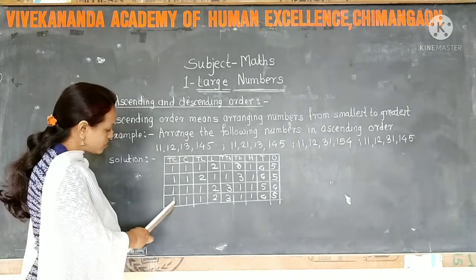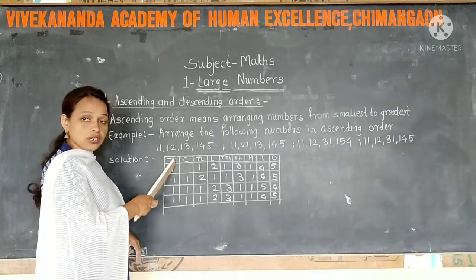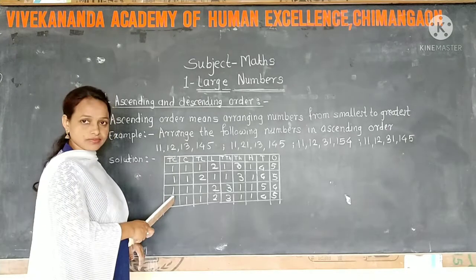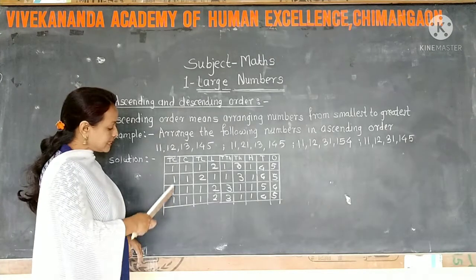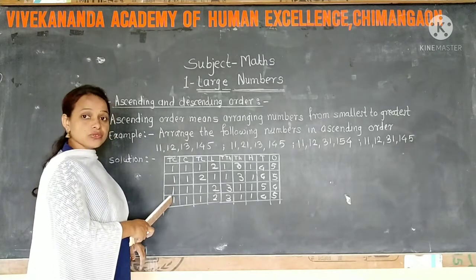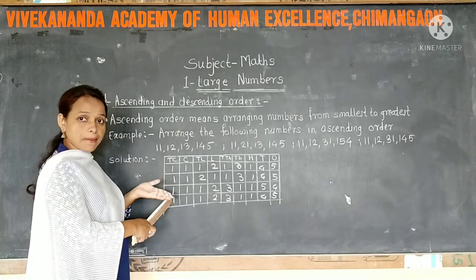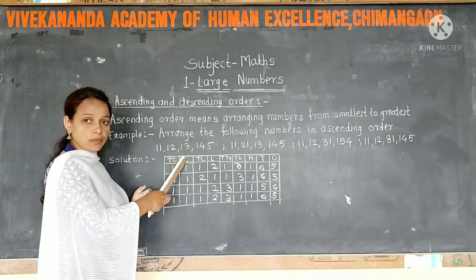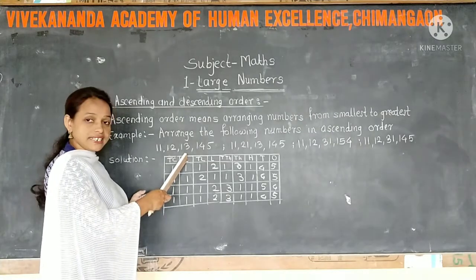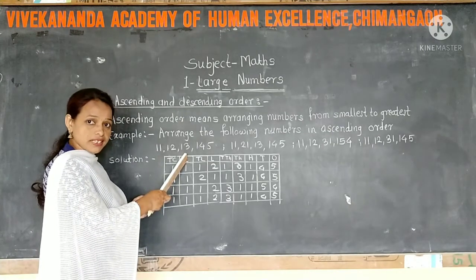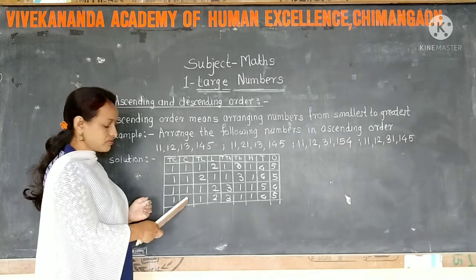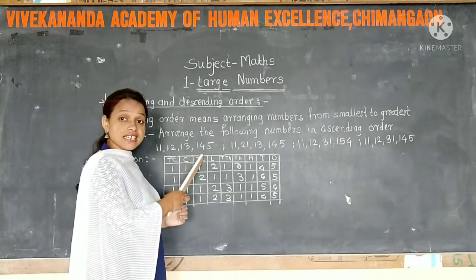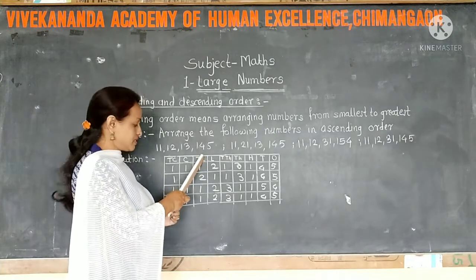Here, the 10 crore digit of all 4 numbers is 1, so it is the same. The next place is the crore place. The digit at the crore place of these 4 numbers is 1. That is also the same. So we have to check the next place, the 10 lakh place.